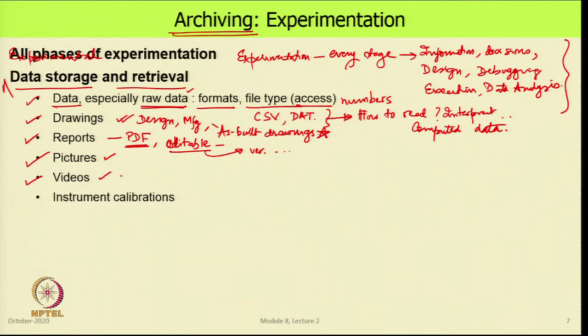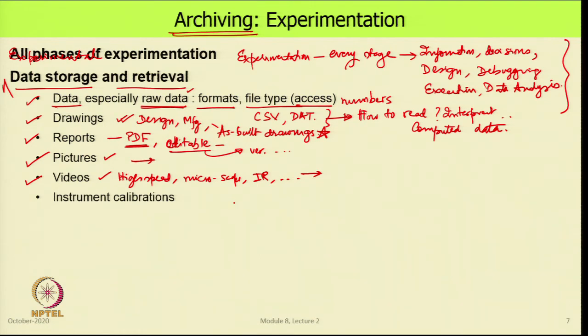So, these could be normal videos, they could be high speed videos, they could be videos seen through a microscope, or video from an infrared camera or something else. So, there are many formats in which all these things can be stored.